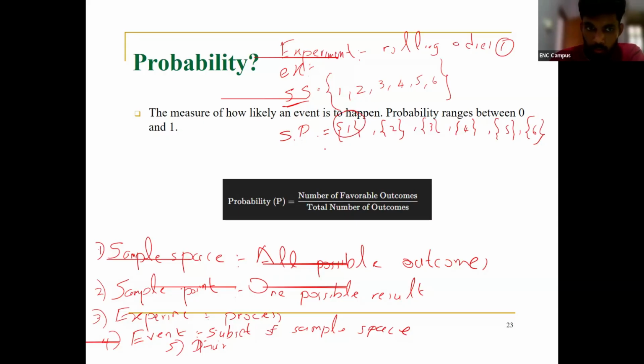Then event means, let's say, after rolling the dice, I get 1 as the output. That is the event, from these possible outcomes. So event is a subset of the sample space.